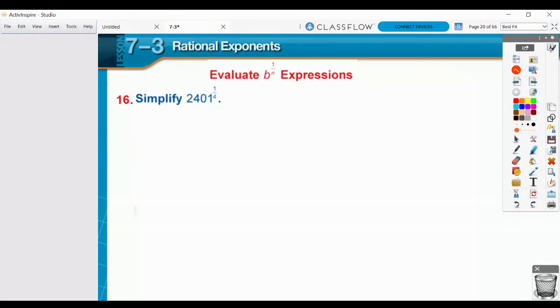Okay, so this next example is 2,401 raised to the 1/4 power. So you're going to do 2401 and then that caret button and put 1/4 in parentheses.